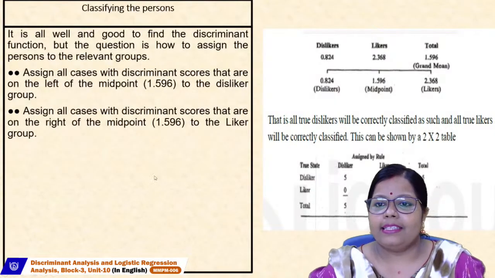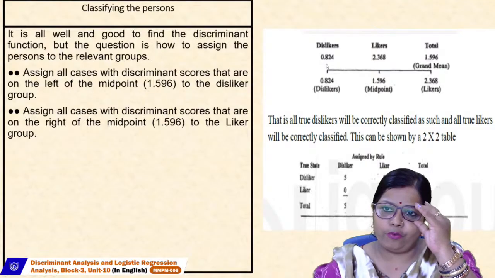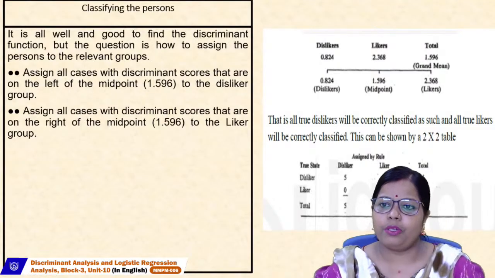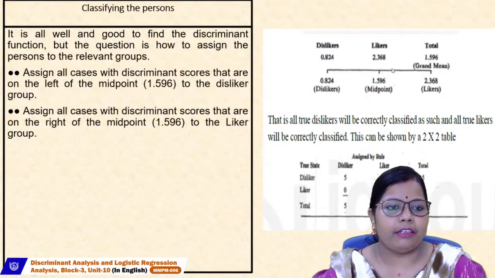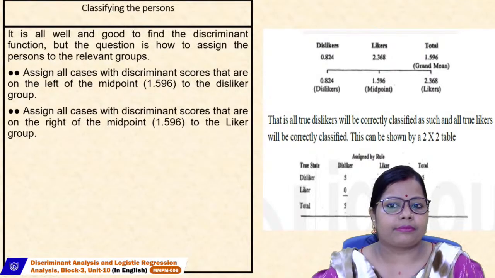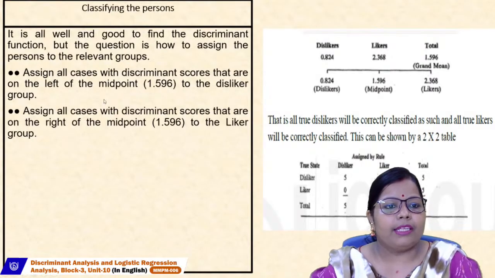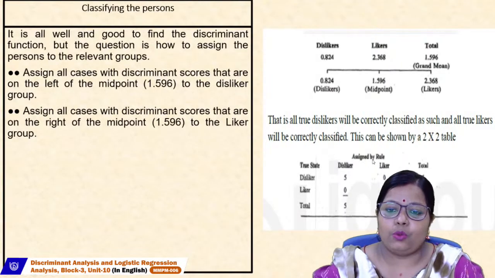We can see for the dislikers the value was 0.824, and for the likers it was 2.368. The total mean of the likers and dislikers was 1.596. We can see here the assigned rule.